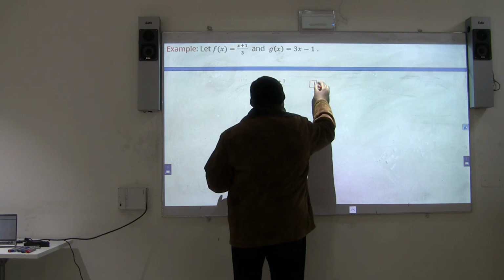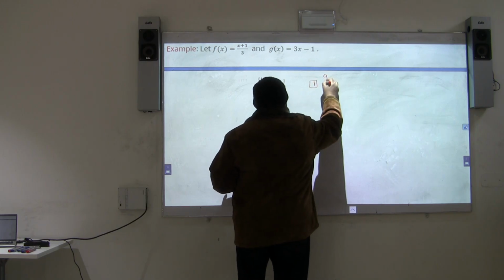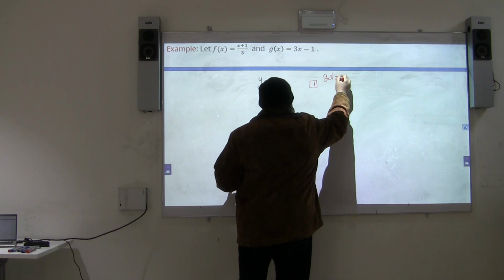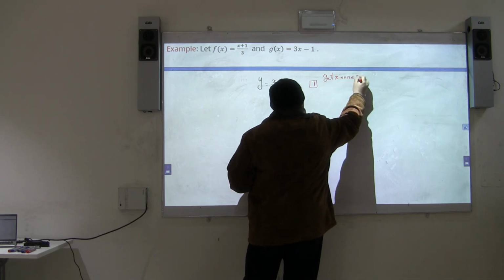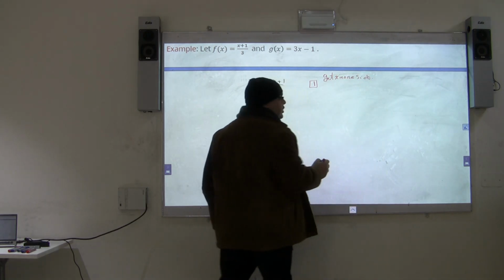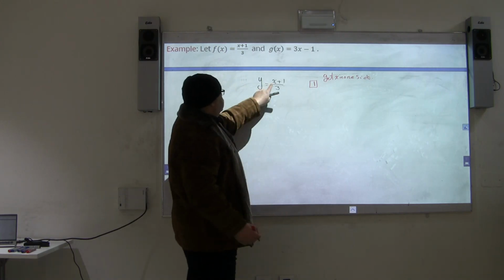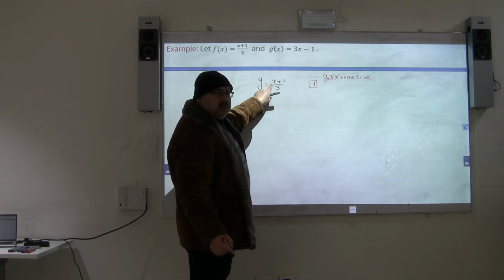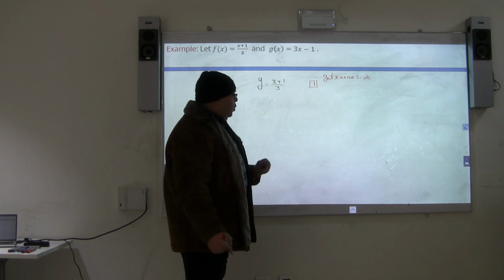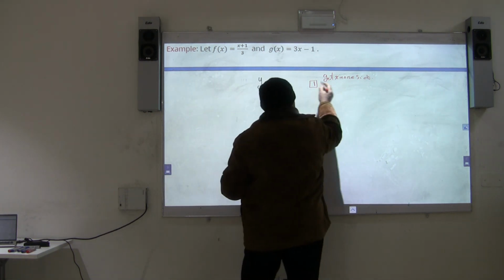The first step, I will try to get x on one side. In order to separate x on one side, all I have to do is make a cross multiplication.